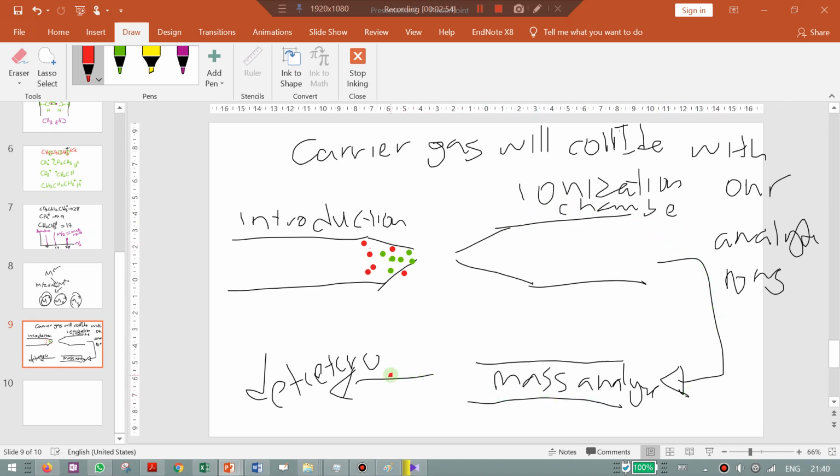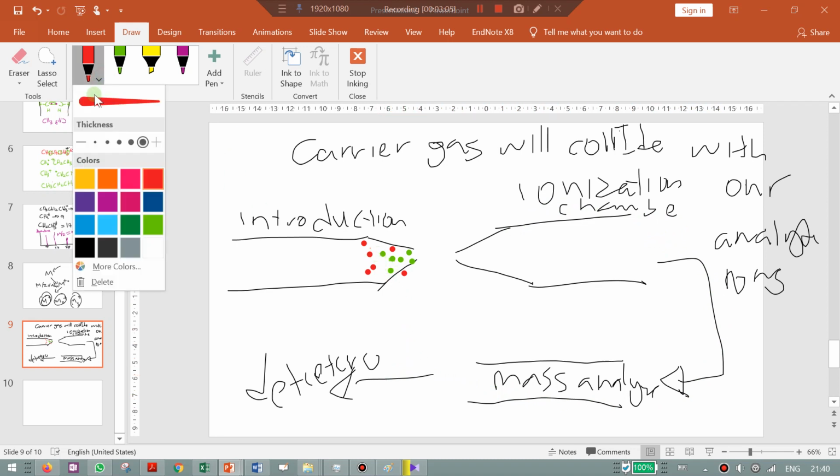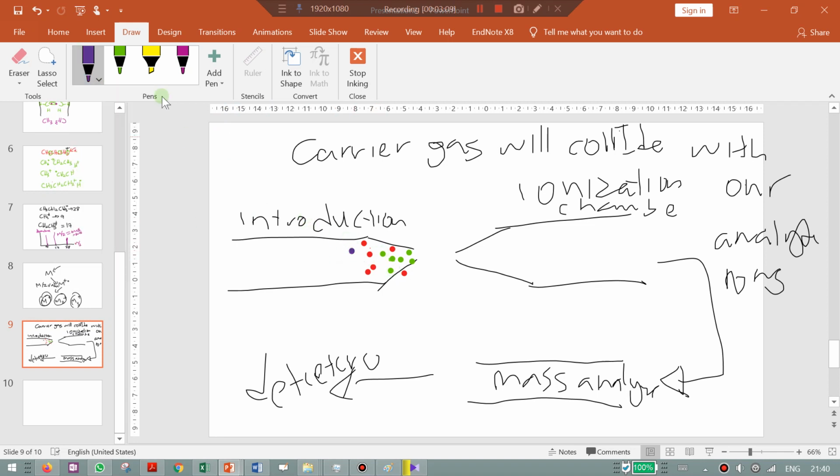But at low vacuum, at high pressure conditions, what happens? They will collide with each other. In terms of efficiency, for example, we have 6 ions over here.